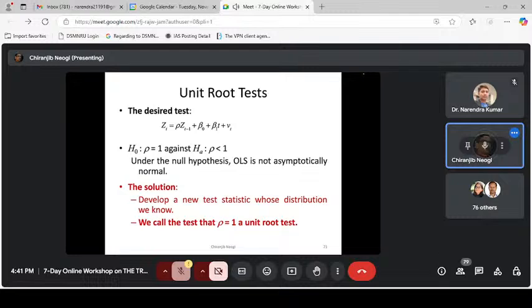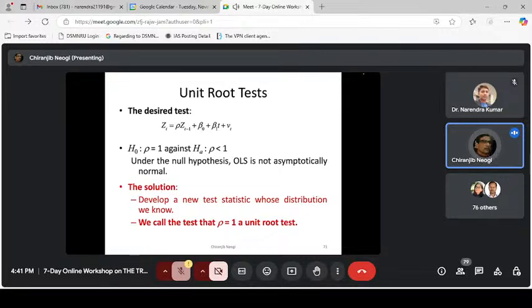So far I have told you whether the series is stationary or non-stationary, and I can check it in different ways.